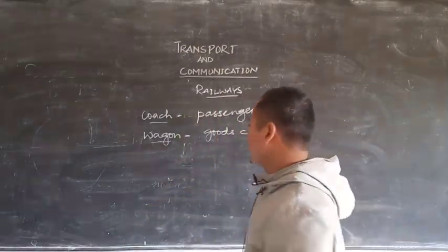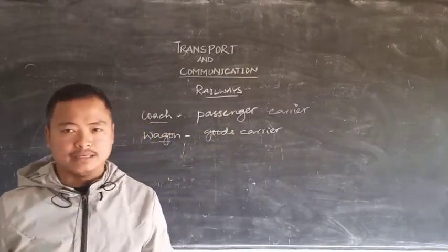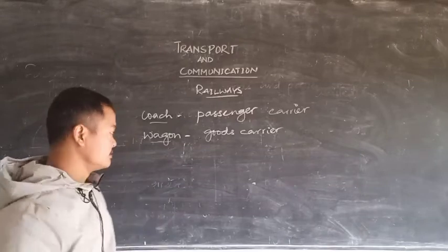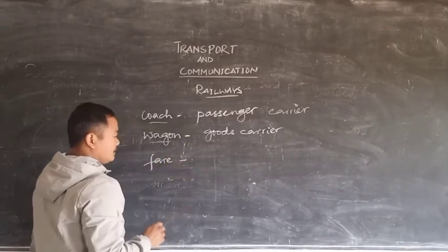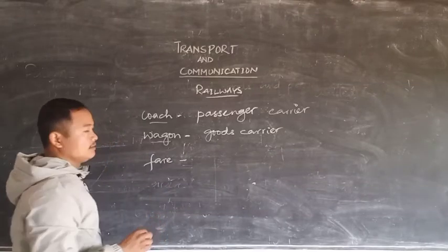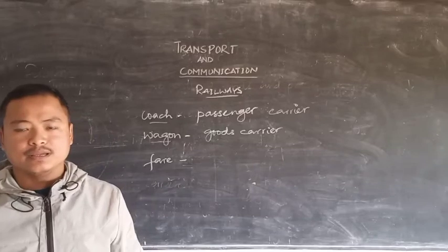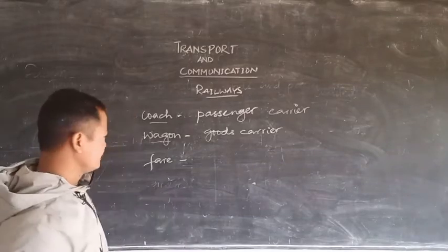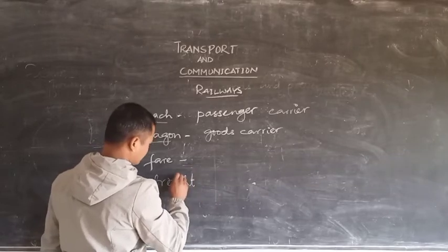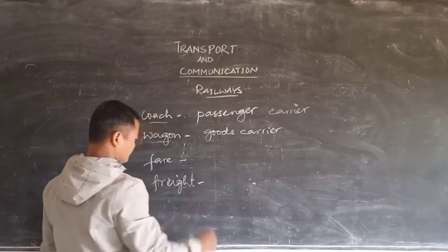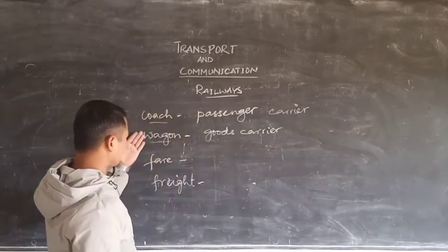And passengers pay a certain amount of money or sum to travel a certain distance, which we call fare. And for goods, we too pay something, and that we call freight. So these are very common differences between coach and wagon and fare and freight.